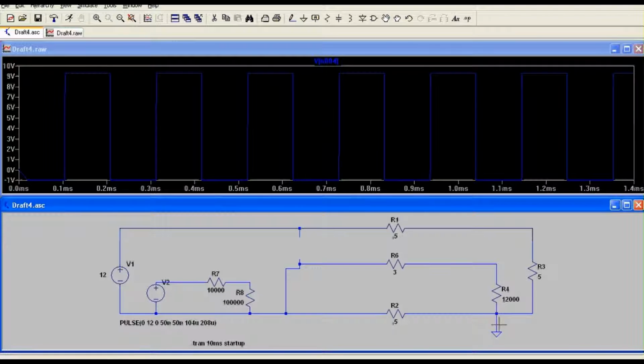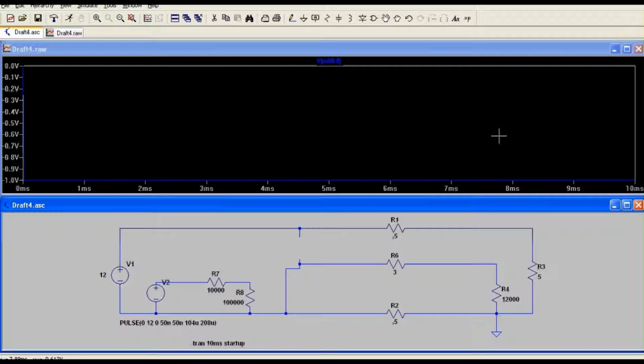I'll just run that again. Just clean that up a little bit.